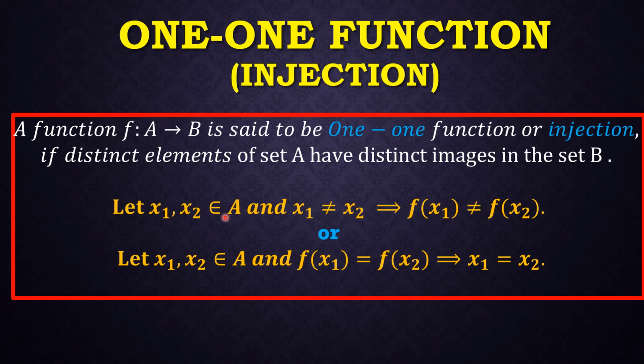That is, we take different elements in set A, we get different images in set B. So these conditions are used in theorems. In the proof of the theorem, we prove x1 is not equal to x2, we get f of x1 is not equal to f of x2, then the function f is one-one.